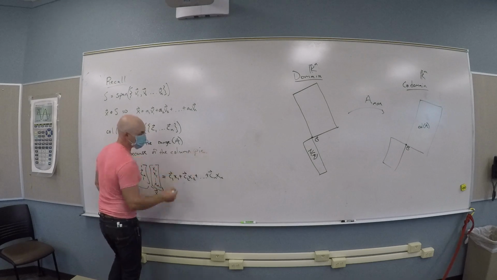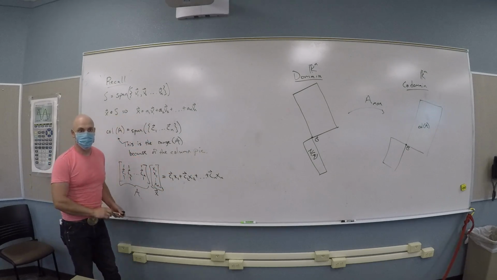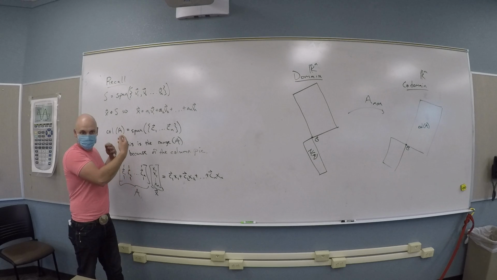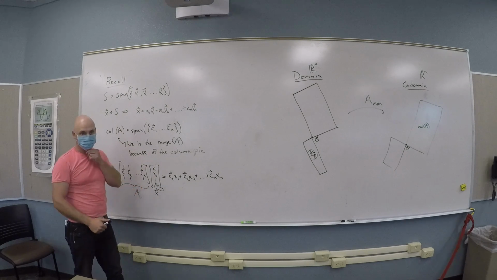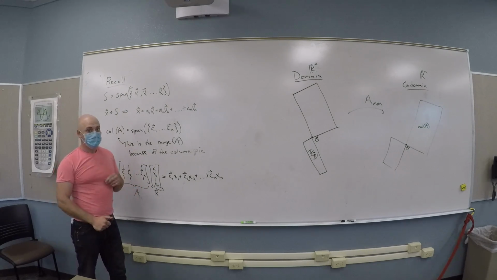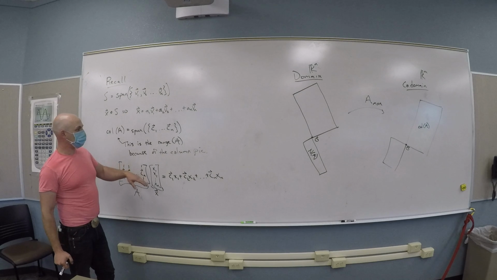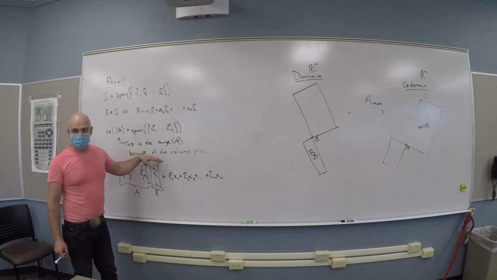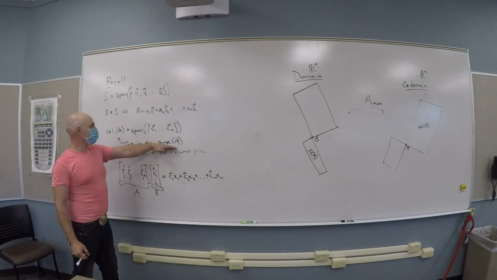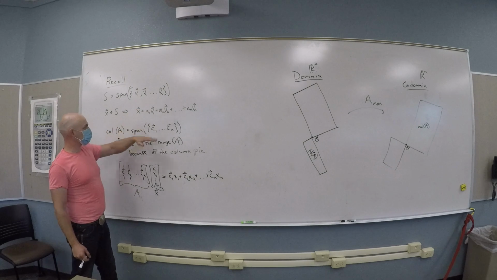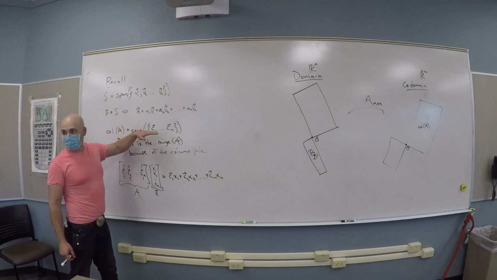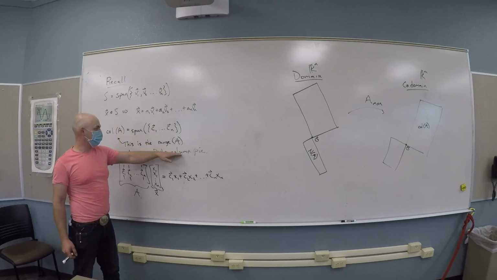It's inevitable. I'm not presenting a proof here, because this is what the definition says it is. If we were presenting a proof, we would need to show double containment: that anything in the range is in the span of the columns, and that anything in the span of the columns is in the range.